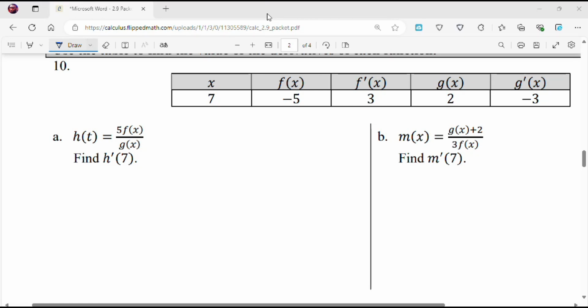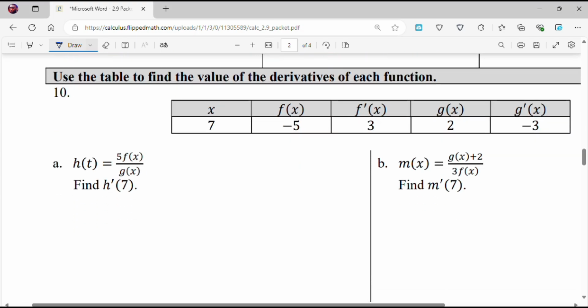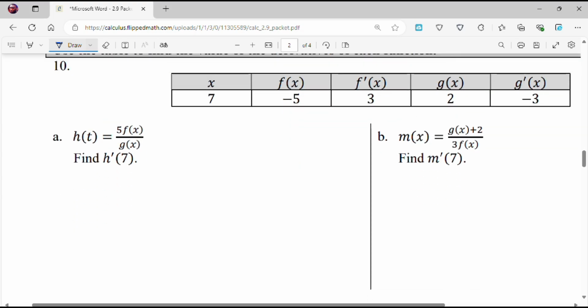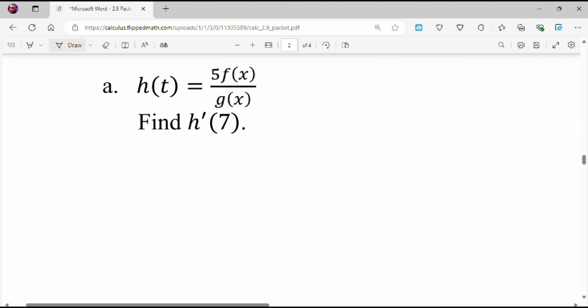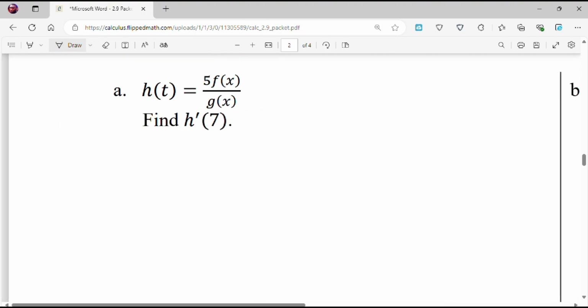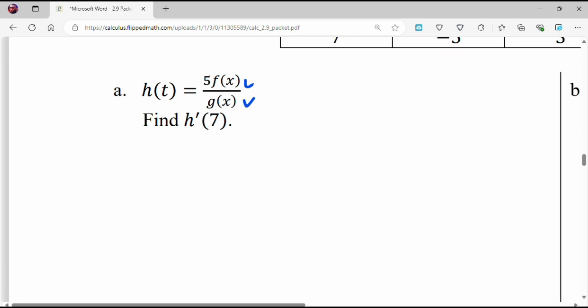Alright, for the next couple of questions, we're going to use a table, and we're going to find the derivative of the function, and then we're going to plug in values. So before we plug in values, I'm going to find h prime of t. So g is our v, 5f of x is our u.